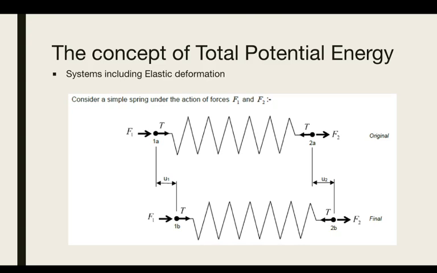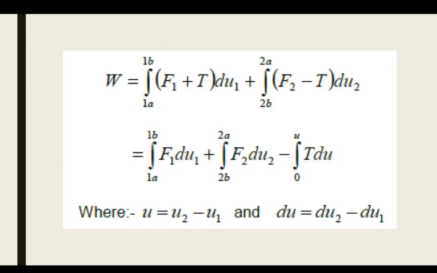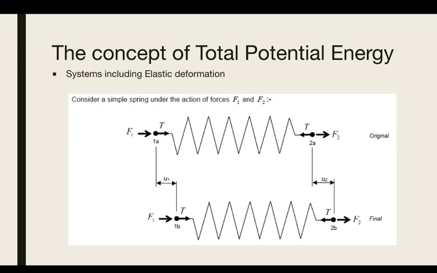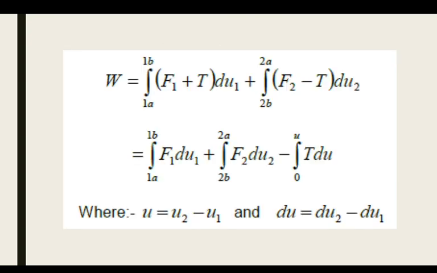So when taking the energy, we take F2 minus T, because the sign convention is negative for T. So we can integrate from 1A to 1B of F1 plus T into du1, the displacement from point 1A to 1B, plus from 2A to 2B of F2 minus T du2, where du2 is the displacement from 2A to 2B.